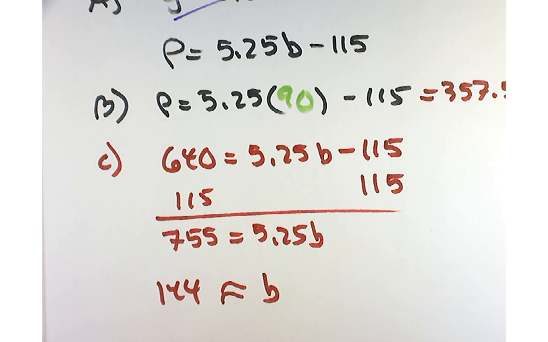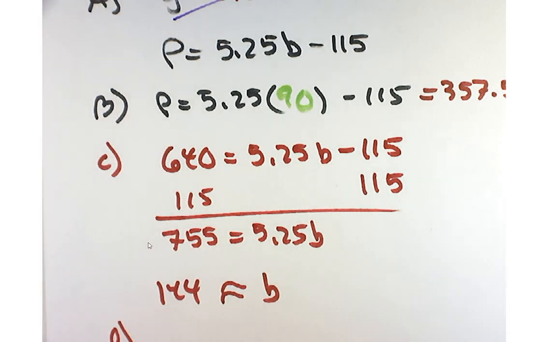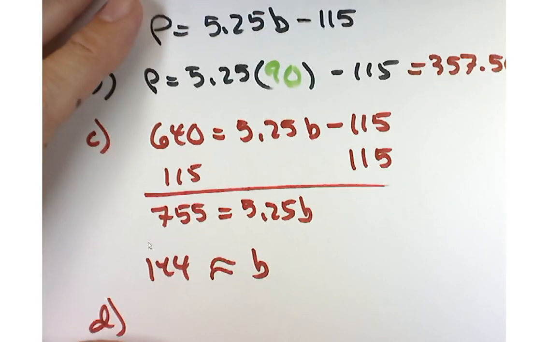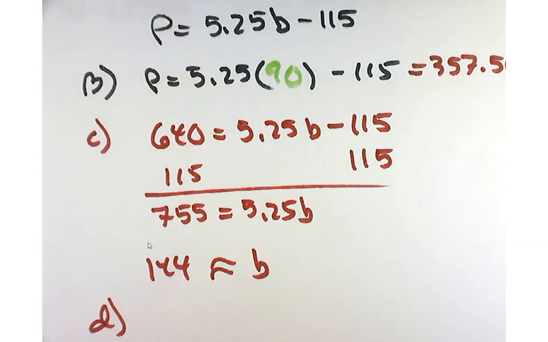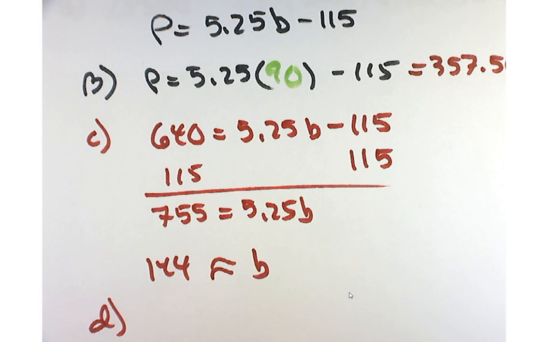And I'm kind of glad we ran into that problem here because we're going to run into it again, I think, in the last problem, part D. Part D is like, all right, well, what's the break-even point? I mean, how many bags do you have to sell to break even? Can anyone tell me what your profit is if you break even? Sure. 0. Your profit would be 0 if you break even.